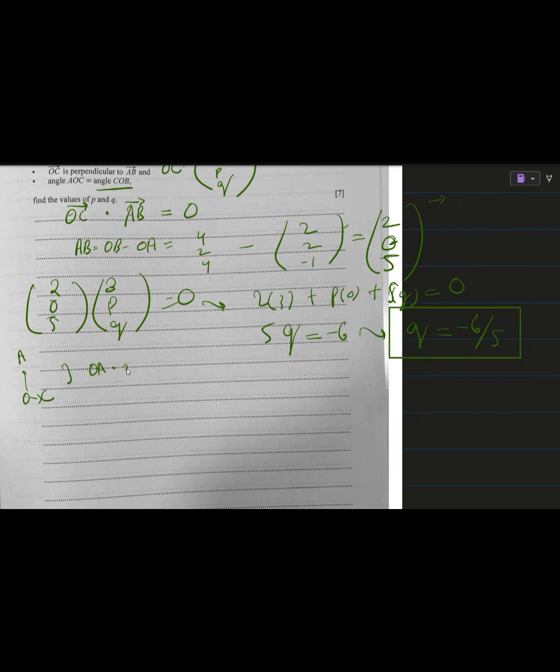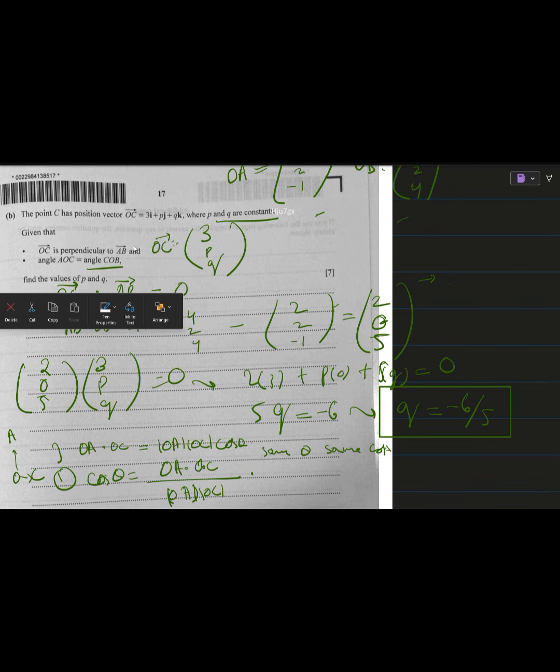The scalar product of OA and OC is equal to the magnitude of OA times the magnitude of OC times cos theta. Since it is the same theta, it is the same cos theta as well. So we can make cos theta the subject: cos theta equals the scalar product of OA and OC divided by the magnitudes of OA and OC. That is our first equation.